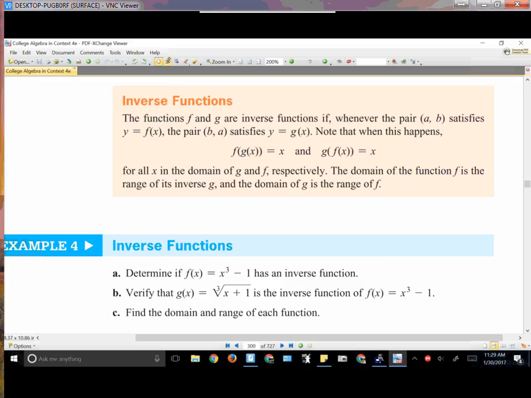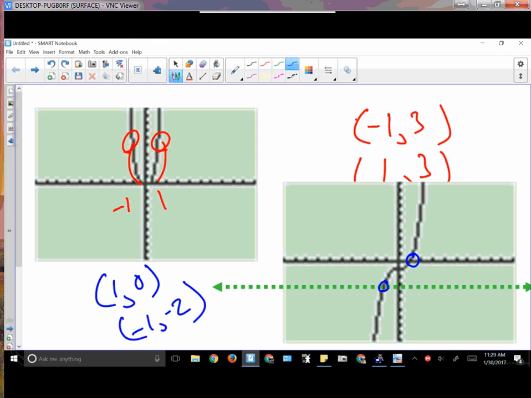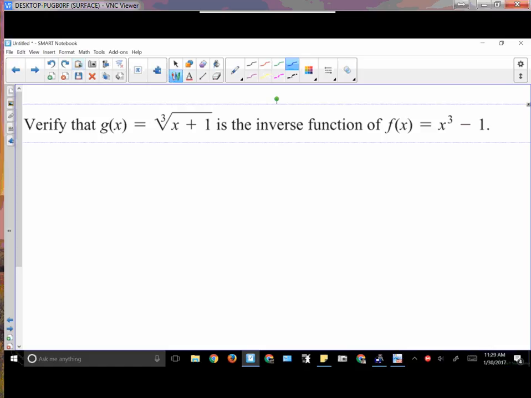Now, because we've seen that by the graphs before, I want to verify that this is going to be the case for this right here. So I could put these in and do the graph and look at them and see what they are. But the only possible way that I'm going to verify it is if I do f of g of x, or g of f of x.